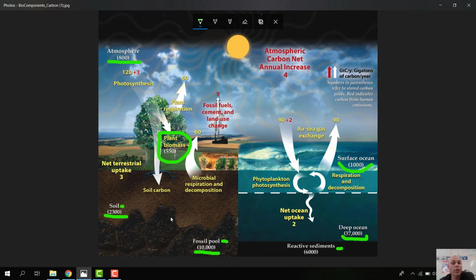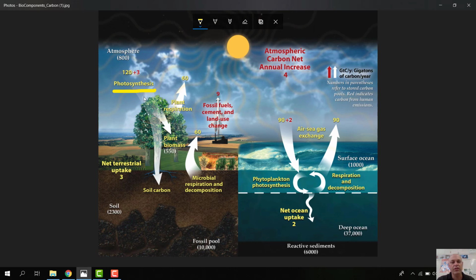But the next thing we're going to go over is how much carbon moves between systems from year to year. Okay, so we've talked about the carbon reservoirs where it's stored. Now look at some processes, which we've talked about, of how carbon is transferred. So we've talked about photosynthesis before, but we haven't put a number to it.